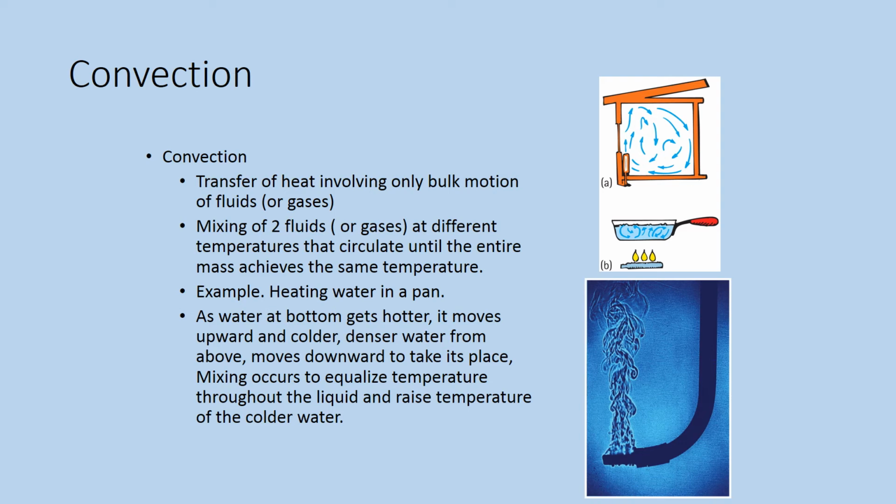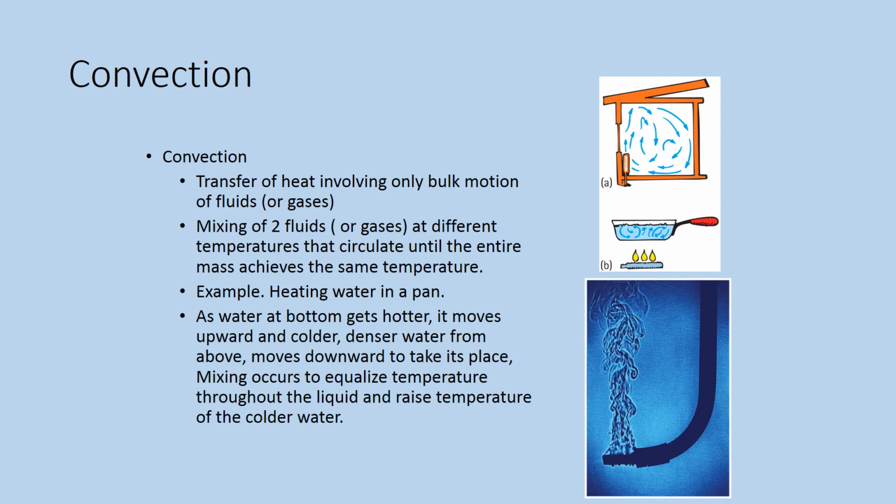One would be, for example, a hotter mass, in this case a hotter mass of water at the bottom of a boiling pot over the stove, and the colder water at the top layer of the pot is going to be at a colder temperature. But eventually, the temperature of the hot water in the bottom will equilibrate or cause heating of the colder water in the top by means of mixing.